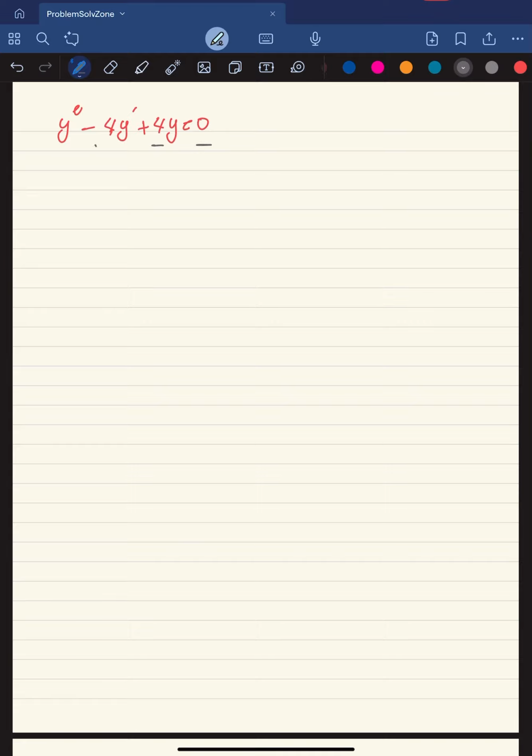It's homogeneous and they're all constants, so we just write a characteristic equation. It would be r squared minus 4r plus 4 equals 0.